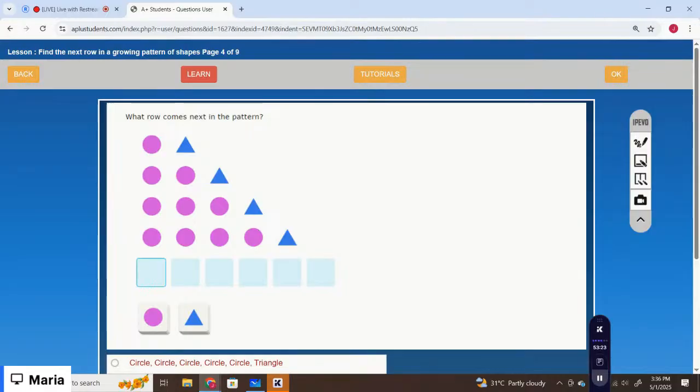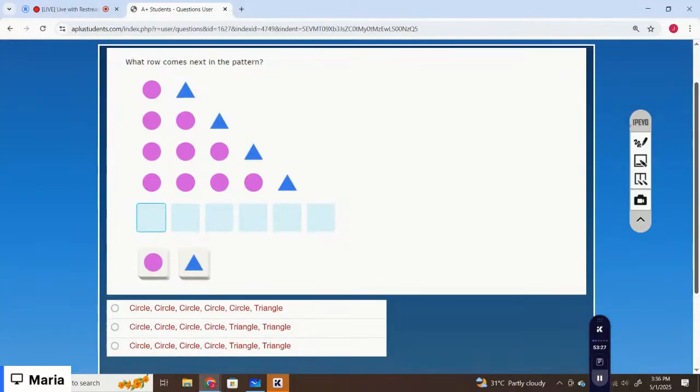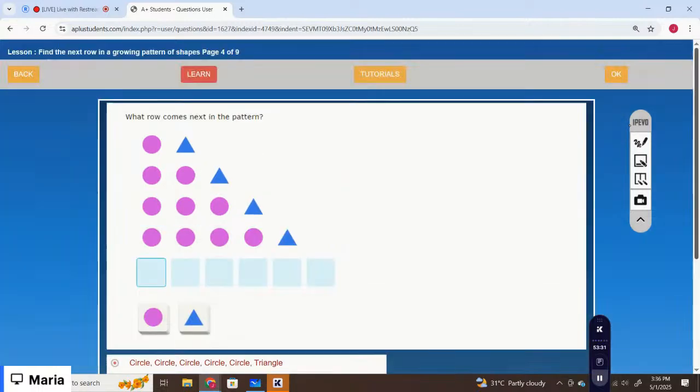What row comes next in the pattern? So which is the correct option? The next one is five circles and one triangle. So option number one is the correct option.